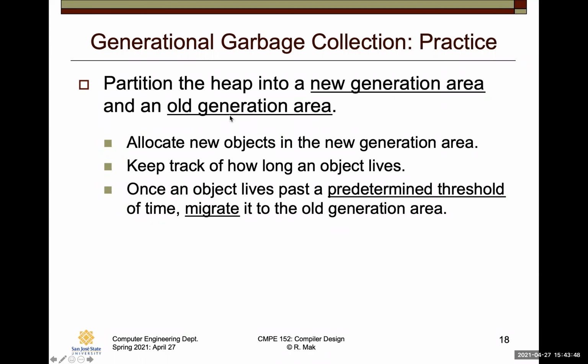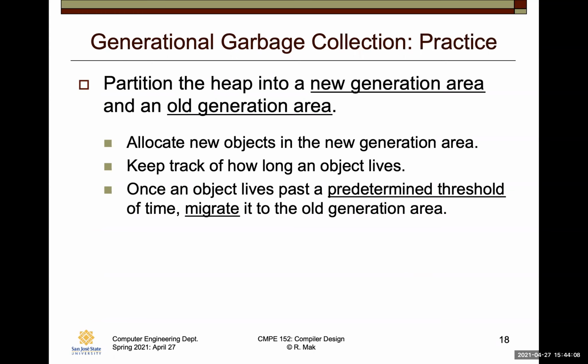Now, of course, as it's moving from the new generation area to the old generation area, just like stop and copy, the old generation area will be nice and compacted, right? Because it's moving objects into it, and so it's going to keep it compacted.